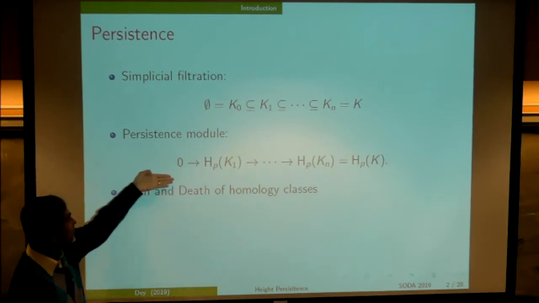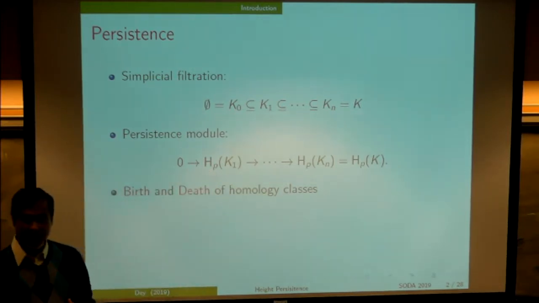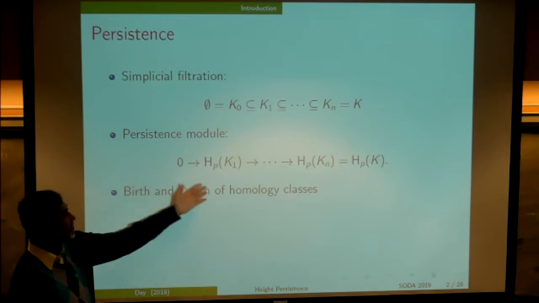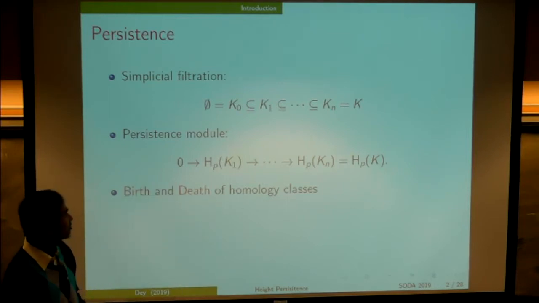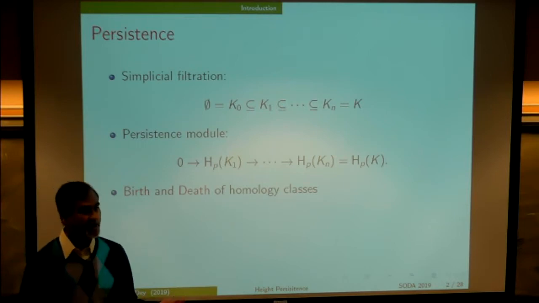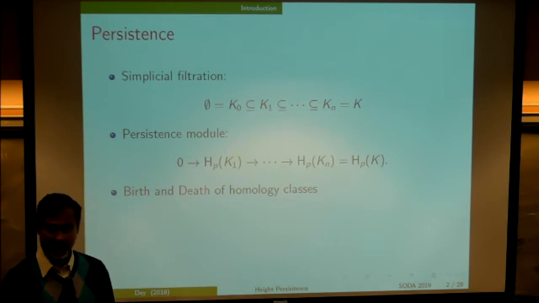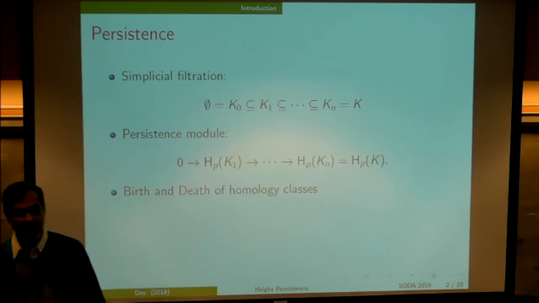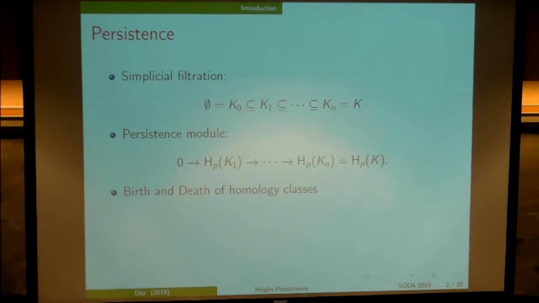So this is a persistence module, and by Hp I denote the pth homology group taken with field coefficients. So these are vector spaces. As we already know, the sequence gives the notion of birth and death of homology classes, or at least definitely birth, and it may not die. Some of them are infinite. This notion of birth and death and pairing them up is the main concept in persistent homology.